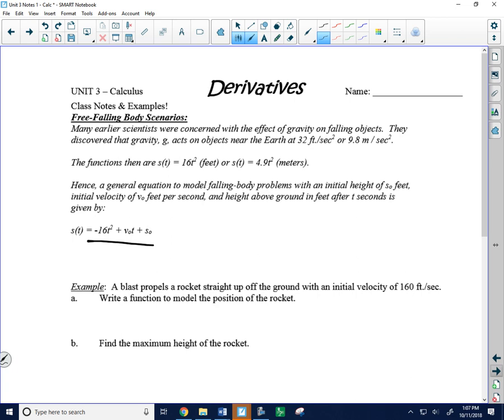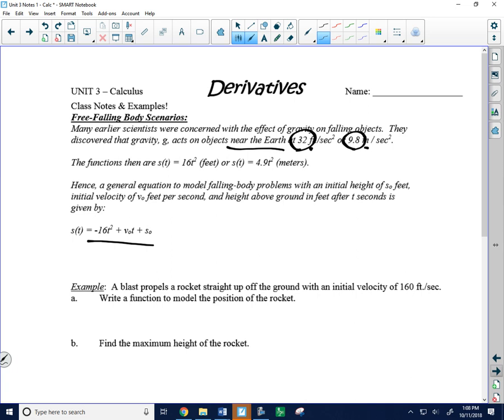These formulas were developed for these types of questions because acceleration, basically gravity, near the Earth, is constant. So if you are near the Earth, the gravity is acting on you at 32 feet per second squared, or in meters, 9.8 meters per second squared. Do those values sound familiar? If you were in physics.